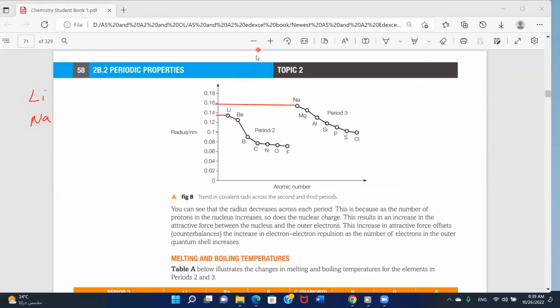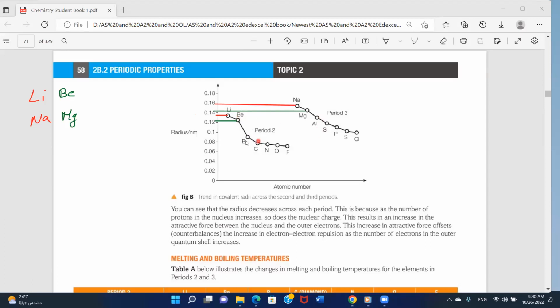If we compare beryllium with magnesium, you will see that magnesium has a bigger radius than beryllium. They are present in the same group, and since magnesium lies below beryllium, it has a bigger radius.